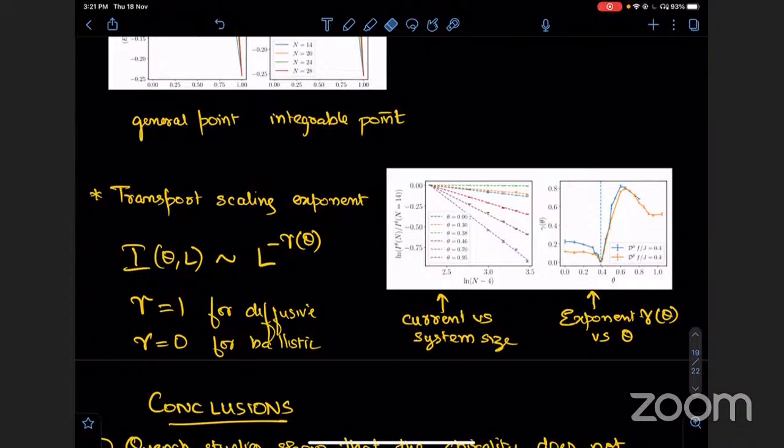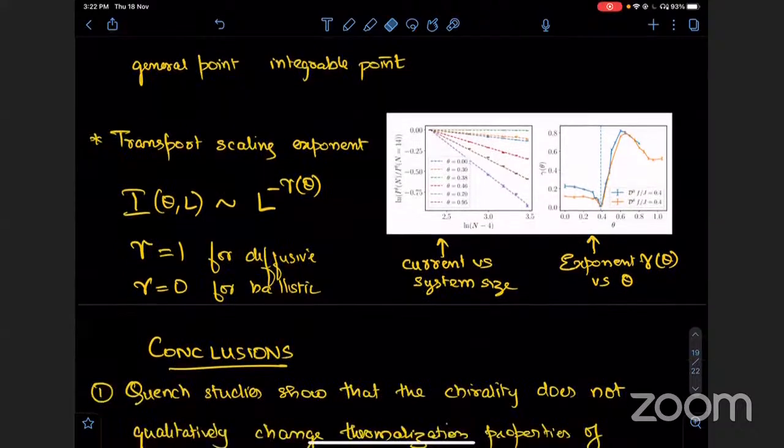When we compute it, we get very close to ballistic behavior at the integrable point, but away from the integrable point, we get something that looks like super diffusive. We are not very confident because of finite size effect, but at the integrable point, we can confidently say that there's a clear ballistic transport, which is indicated by transport exponent gamma equal to 0.